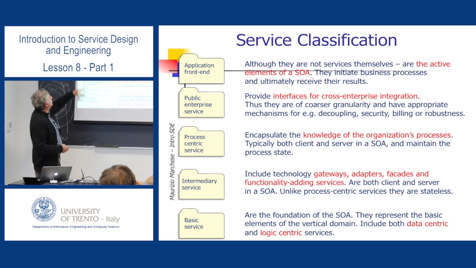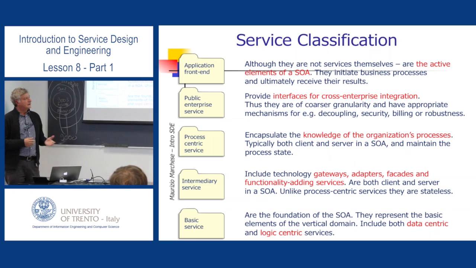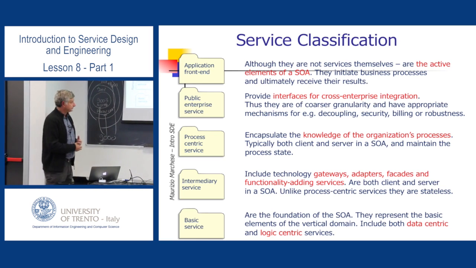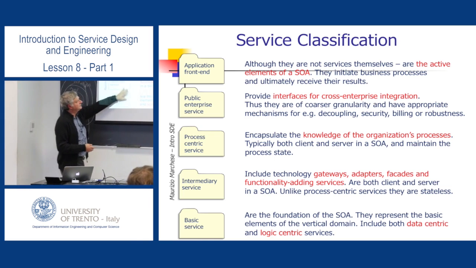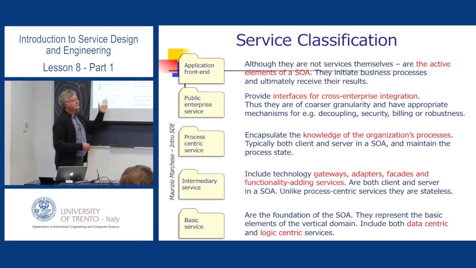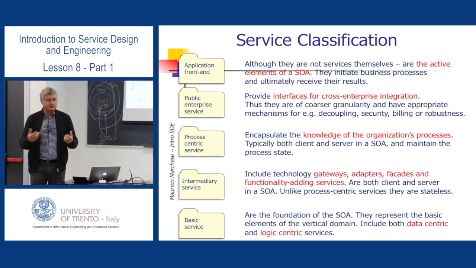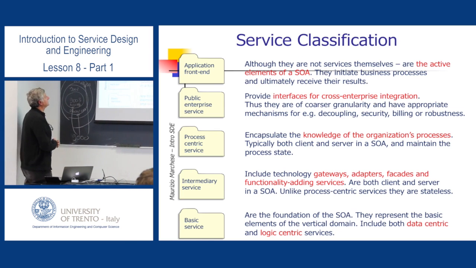So these are the so-called public enterprise services, and as it says, they're interfaces for cross-enterprise integration. It could be between divisions, but usually the divisions are inside here. It is mainly the connection with other enterprises when you want to do business-to-business applications.